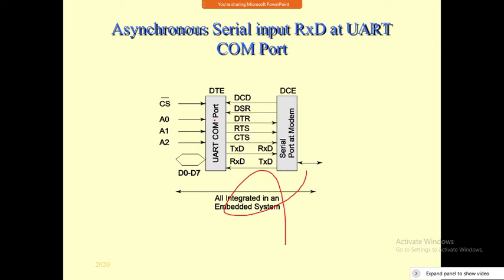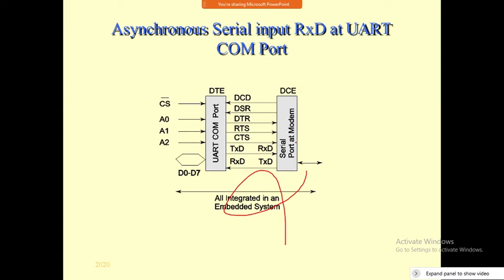Here we are going to see the elements. What are the things in the asynchronous one? Here this is CS, meaning clock signal. A0, A1, A2 are the inputs. This is one machine, this is another machine, and here there is the UART COM port, universal asynchronous receiver transmitter COM port.